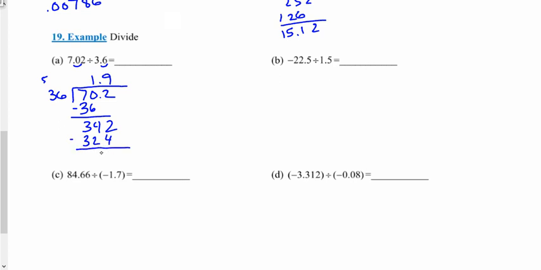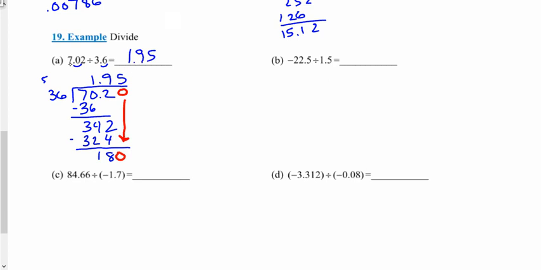And then 16, 18 looks like. Now, here's a case where we're going to bring another one down. So I'll just put a 0 here. I just add a 0 on the end. And then 36 actually goes into this exactly 5 times. And that will be exact. So we get 1.95.